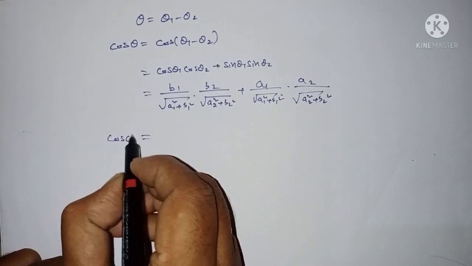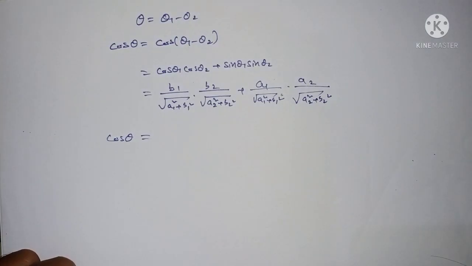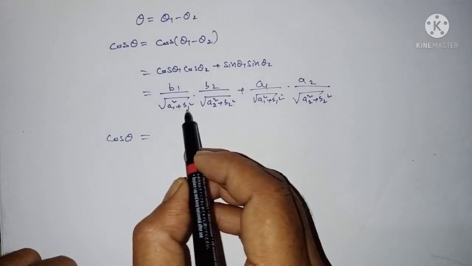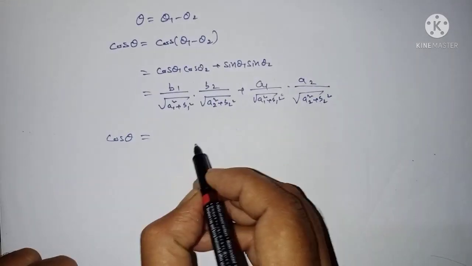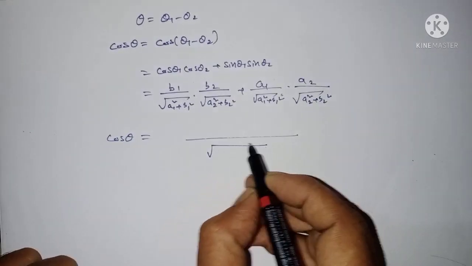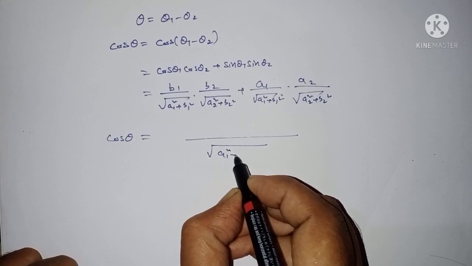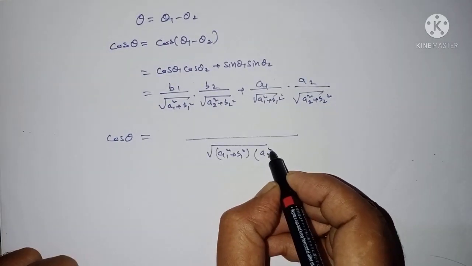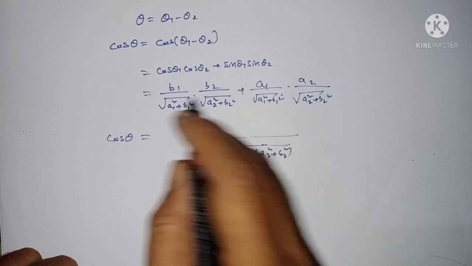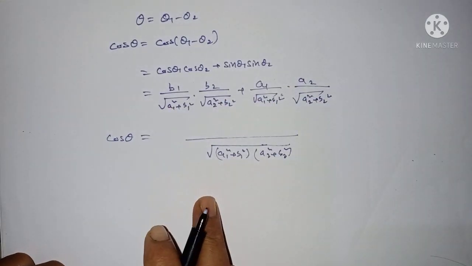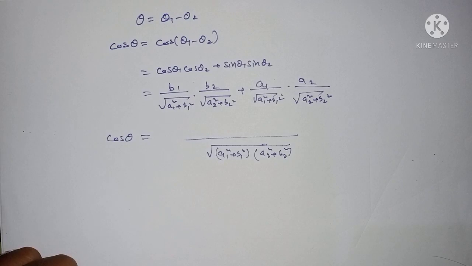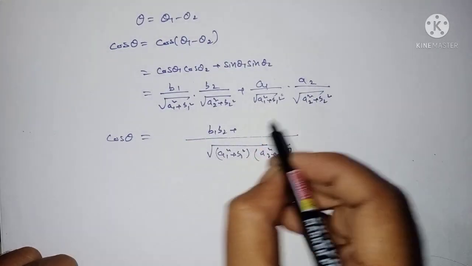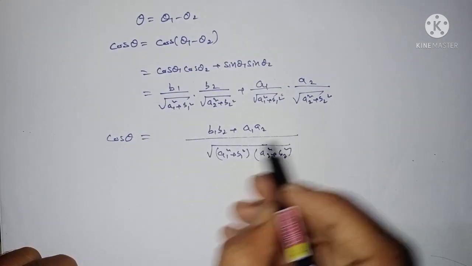In the denominator the same terms are there, so I can take the common factor: the square root of A1 square plus B1 square into A2 square plus B2 square. Then the numerator terms are B1 into B2 and A1 into A2.